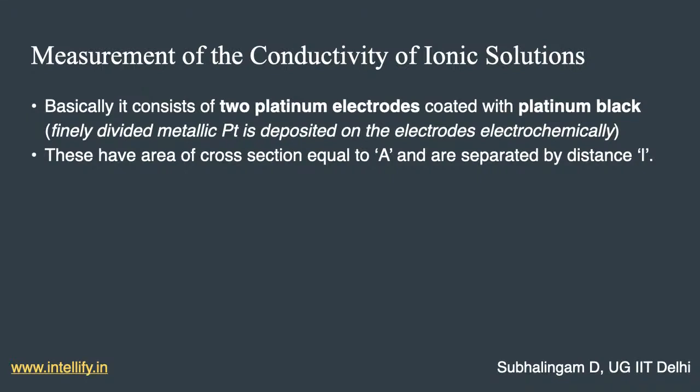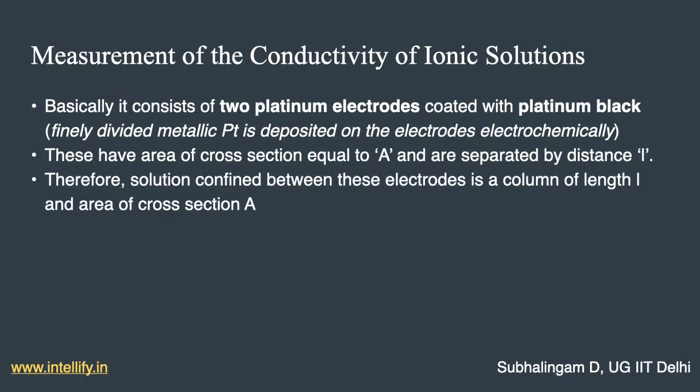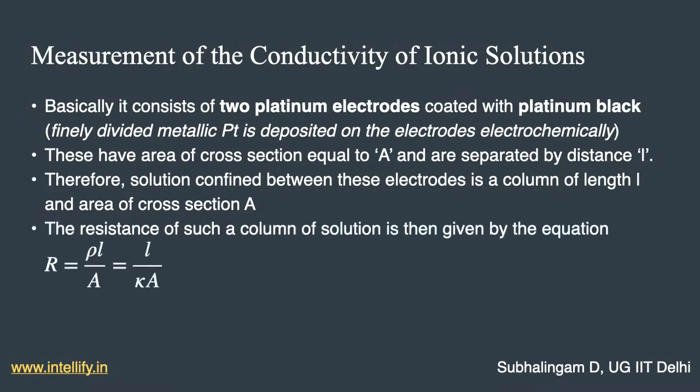These have area of cross section equal to A and are separated by a distance L. Therefore, the solution confined between these electrodes is a column of length L and area of cross section A. The resistance of such a column of solution is then given by the equation R = ρL/A, that is L/(κA).